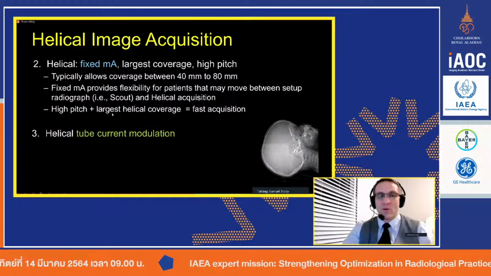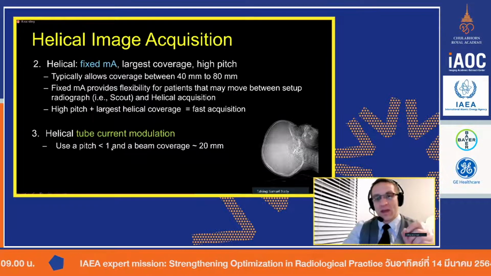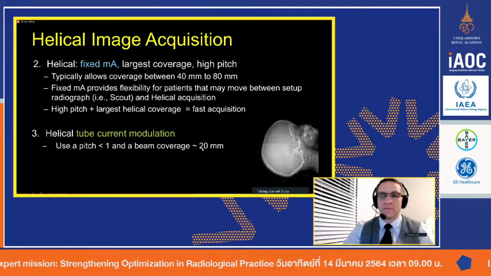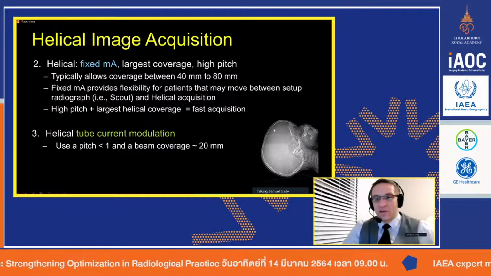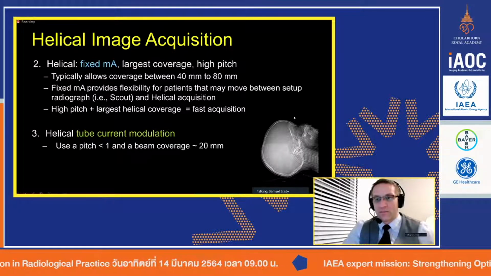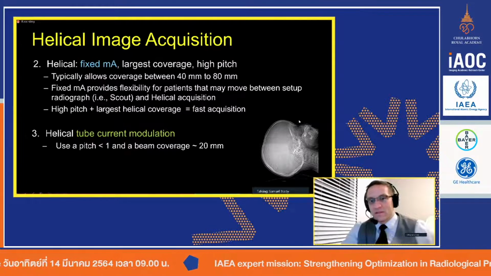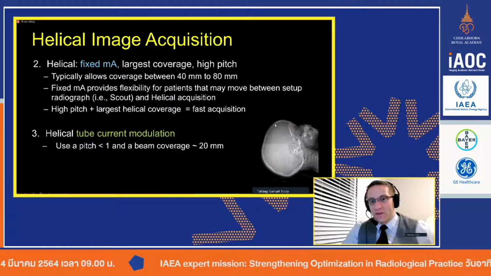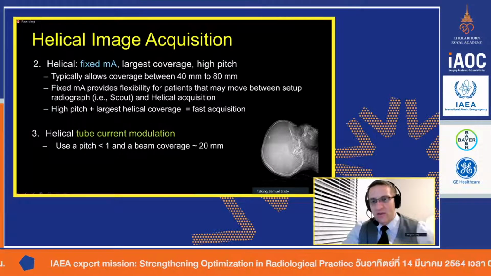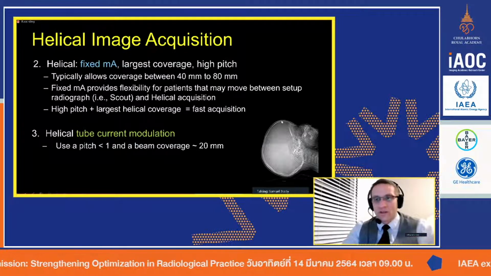Now, when you do this, I highly recommend you use a pitch of less than 1 and a beam coverage somewhere around 20 millimeters. Now, why is that? If we look at this planar radiograph, the planning radiograph or the scout image of this kid, what you see, of course, is a constant changing angle of the skull, of the calvarium.